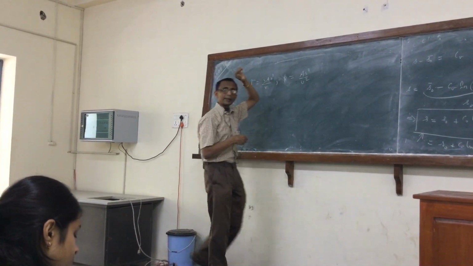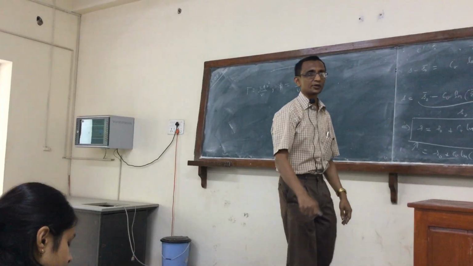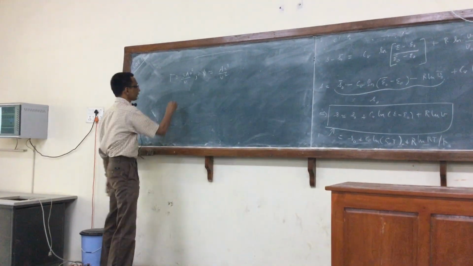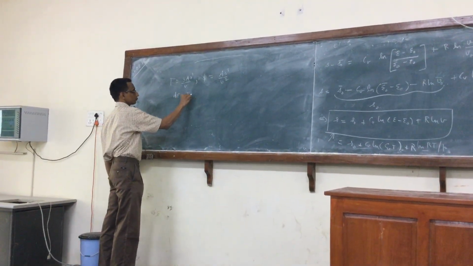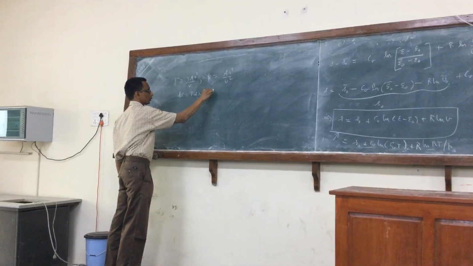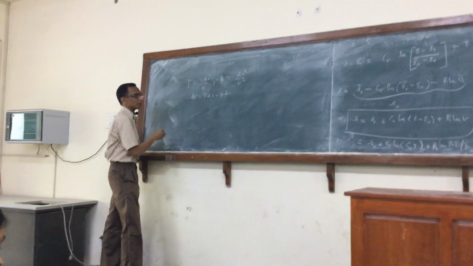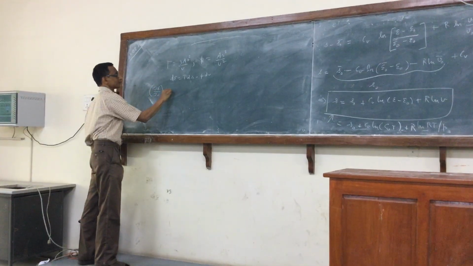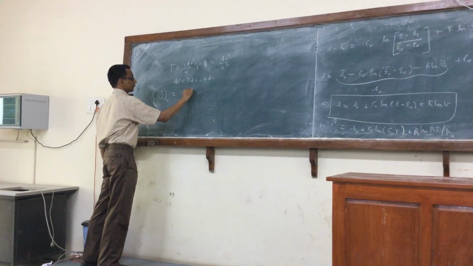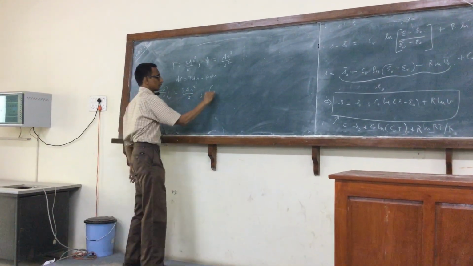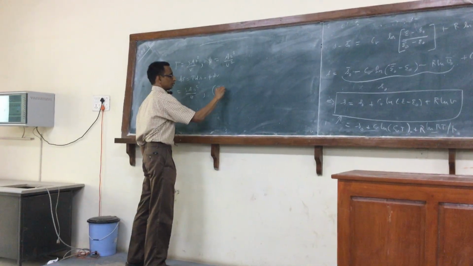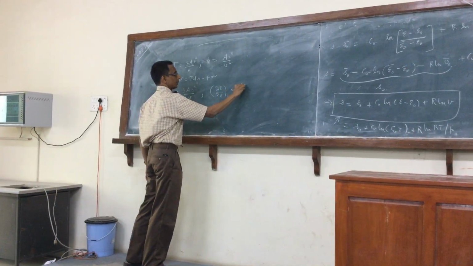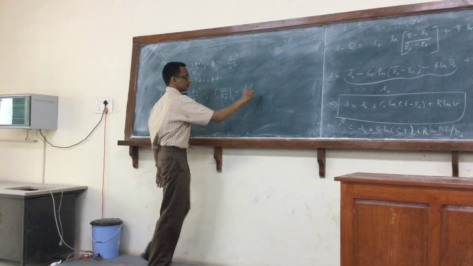So the very fact that T and P are given as functions of S and v means that I am looking at this. So from this I can infer that dE by dS is 3a s squared by v, and dE by dv is minus a s cubed by v squared.